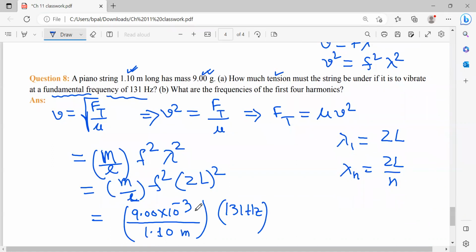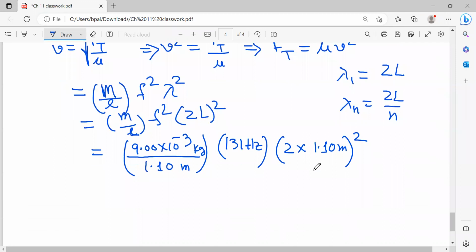So this is in kilogram, f squared, and then L is 1.10 meter squared. When you plug in all these values, you get the tension is equal to 680 Newton.